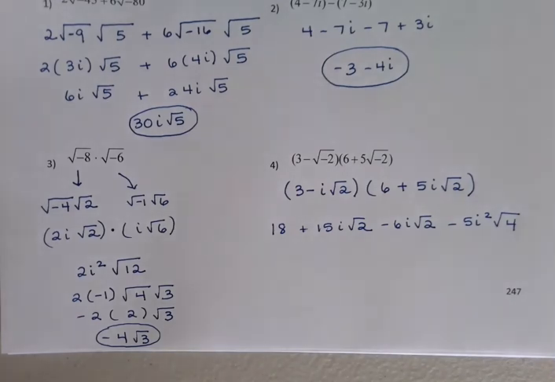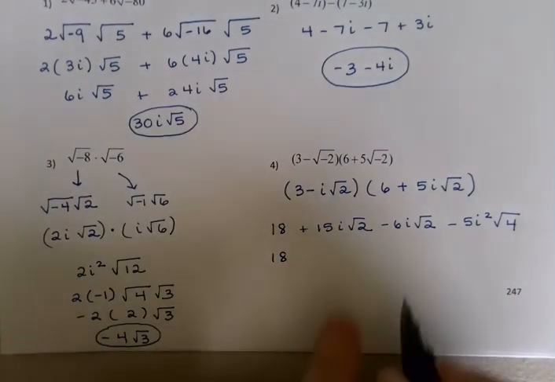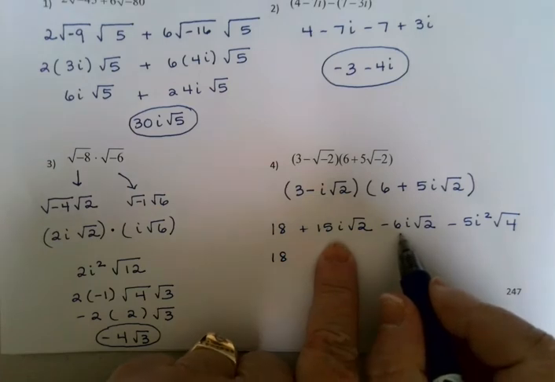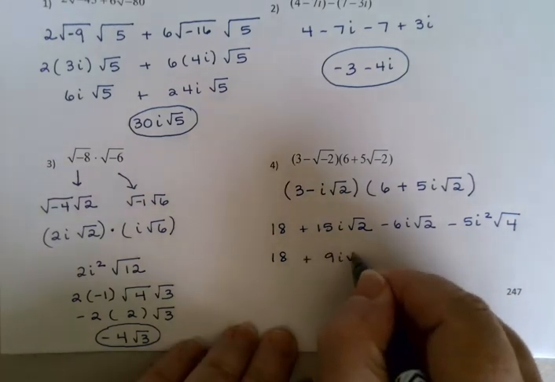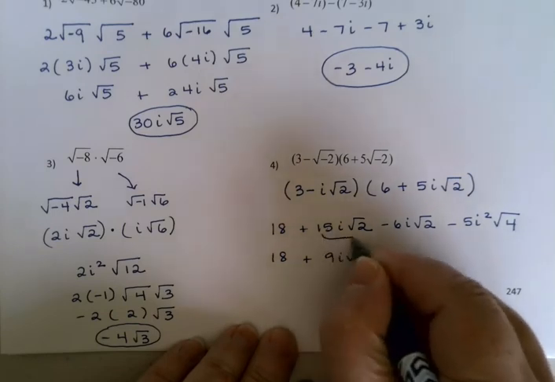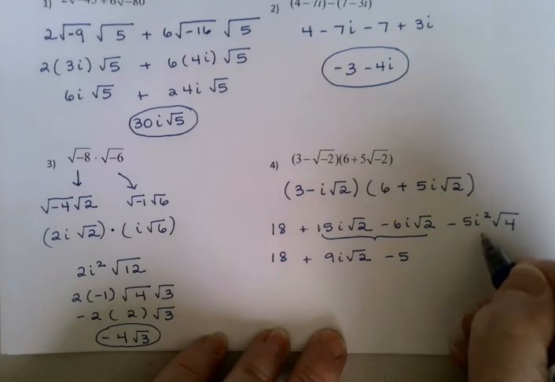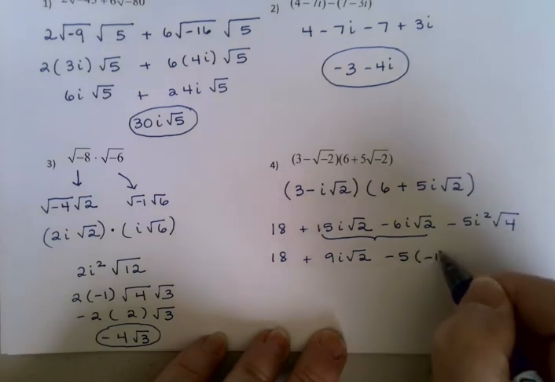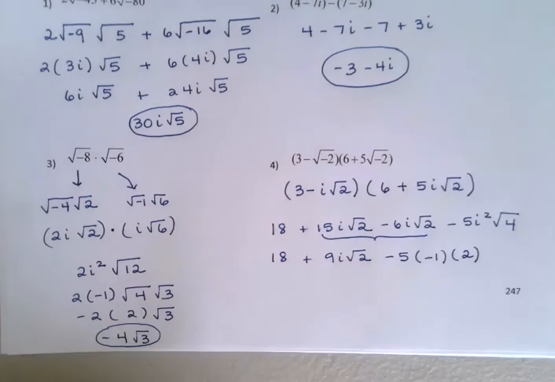All right, let's do a little bit of simplifying. Got my 18 here. And these are like terms. So I'm going to have a plus 9i square root 2. And then I have negative 5 times the i squared, which is negative 1, times the square root of 4, which is 2.